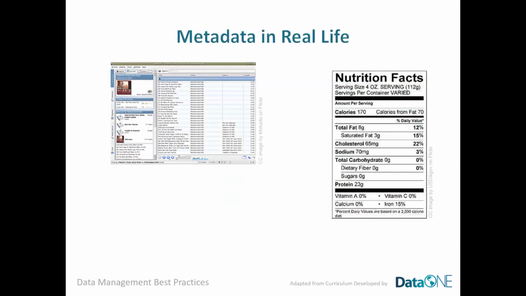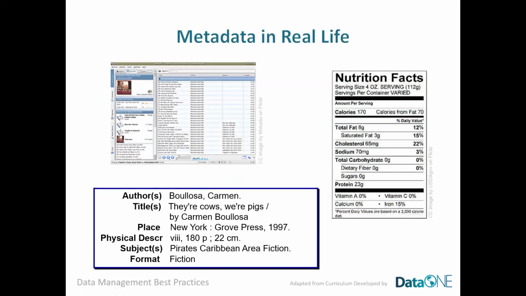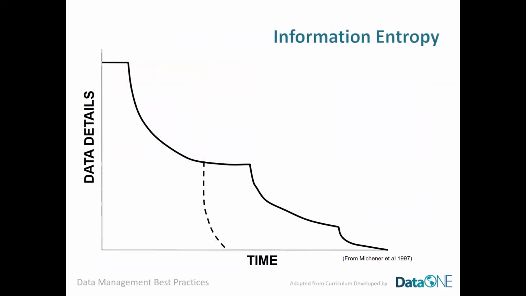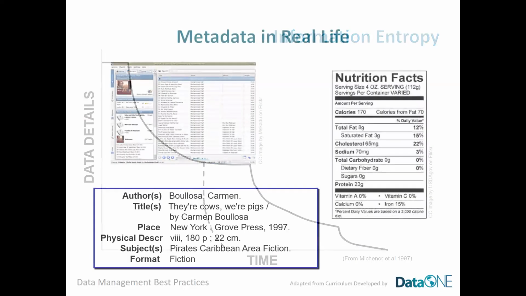And you can see that in the library catalog, we have metadata such as author, title, and place, the extent of the book, and the subject of the book, and where also you can locate the item.